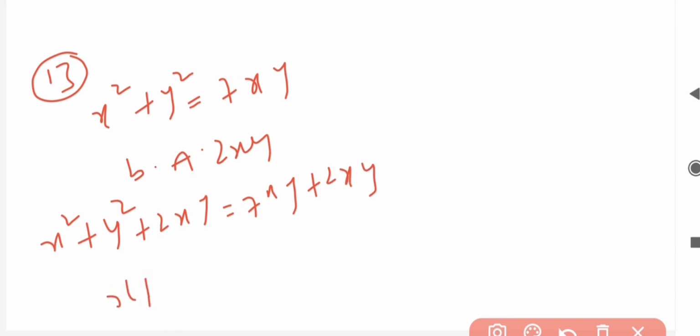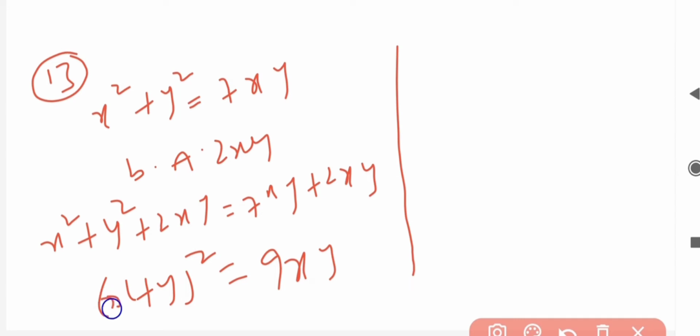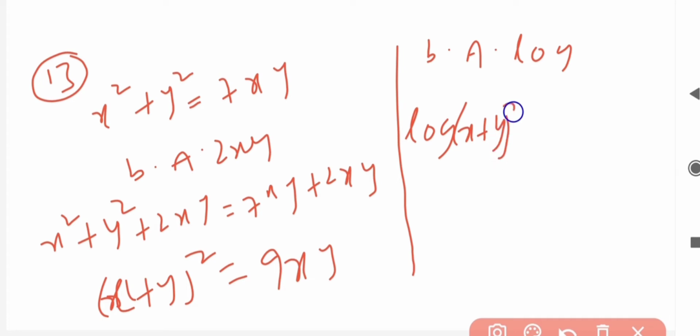This one is (x plus y) whole square, equals 9xy. Now apply logarithms to both sides. So log of (x plus y) whole square equals log 9xy.